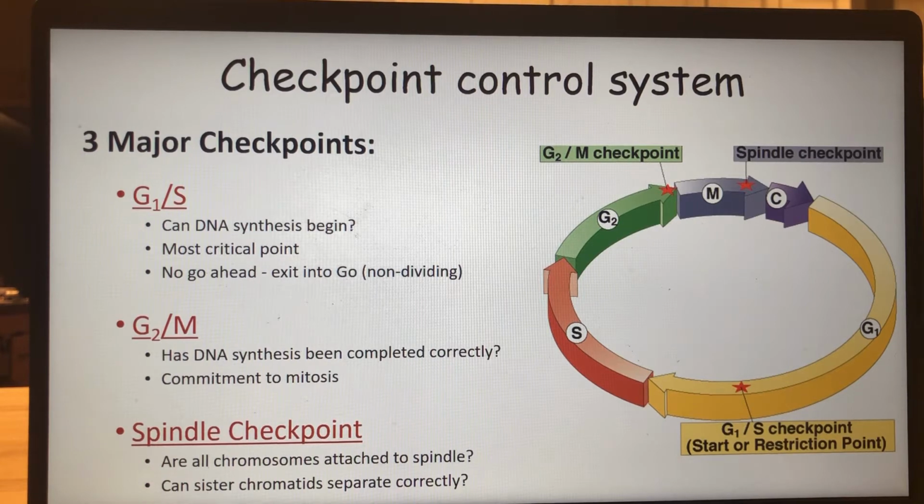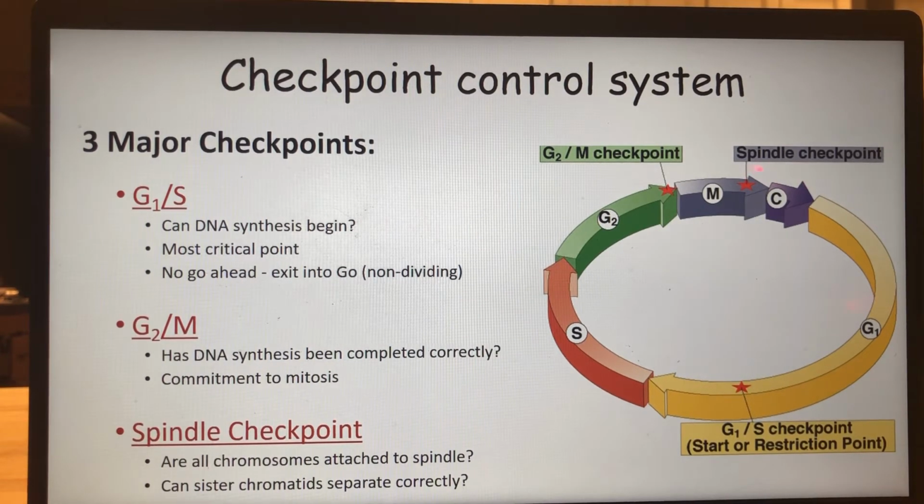The spindle checkpoint that occurs in mitosis is basically the check to say, are all chromosomes attached to the spindle? Can the sister chromatids attach separately or correctly? Remember, the point of the spindle attaching to those kinetochores that are on the centromere is for those sister chromatids to get ripped apart.